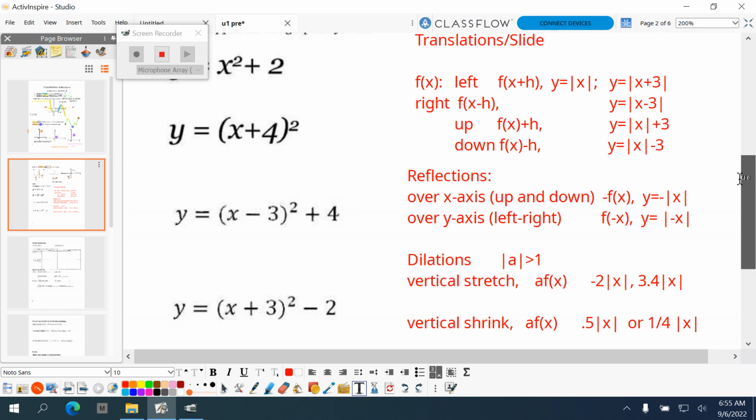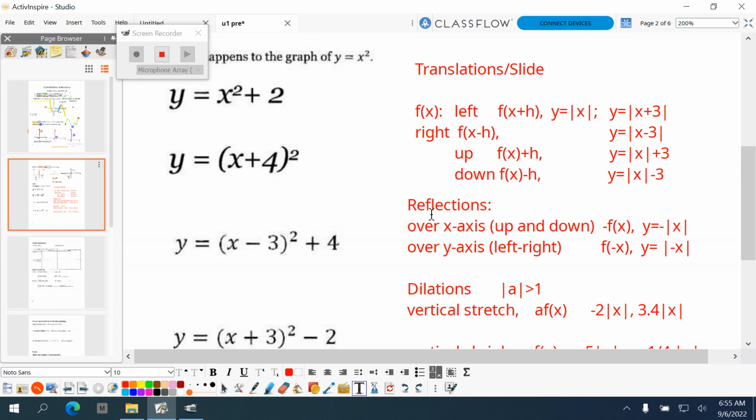So here we have x squared plus 2, and these look like shifts, like sliding only. So it's outside, and this is going to slide up 2 units from the parent function.